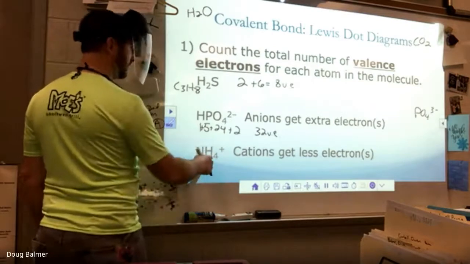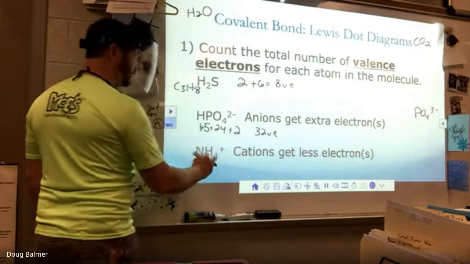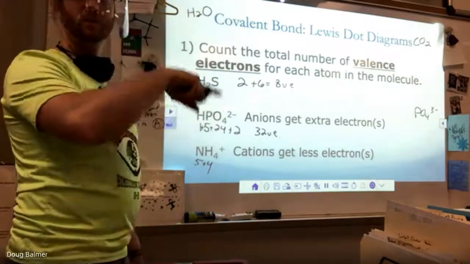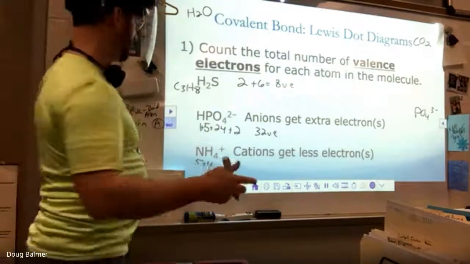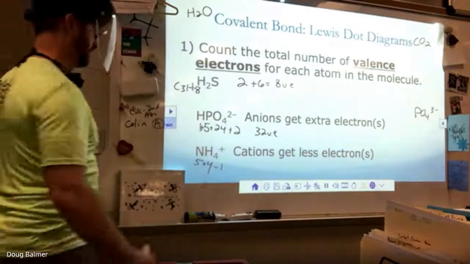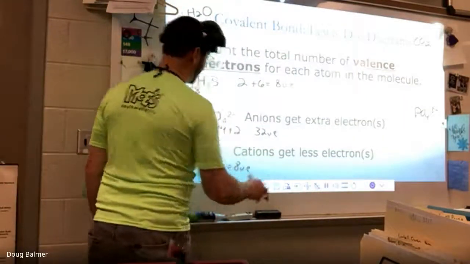H gets how many? 1. 4 of them would get a total of 4. That would be normally 9, but because it's positive, it lost a negative. Am I sure? Yeah, I'm positive. Okay, you lose a bad attitude, you now become positive. So I'm going to subtract 1. 9 minus 1 is 8 valence electrons. That's it. That's step 1.